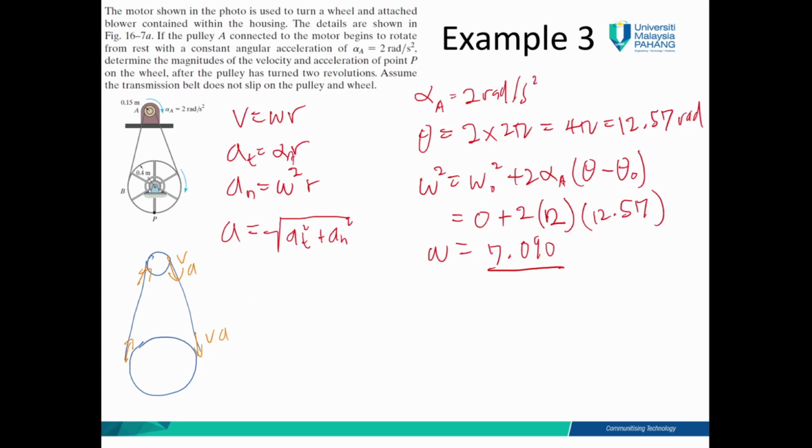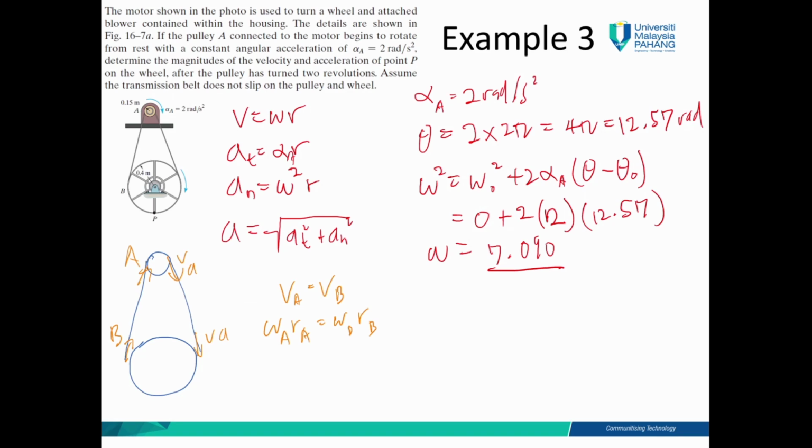So let's say this is pulley A and this is pulley B, right? So VA is equal to VB, which is omega A RA is equal to omega B RB.